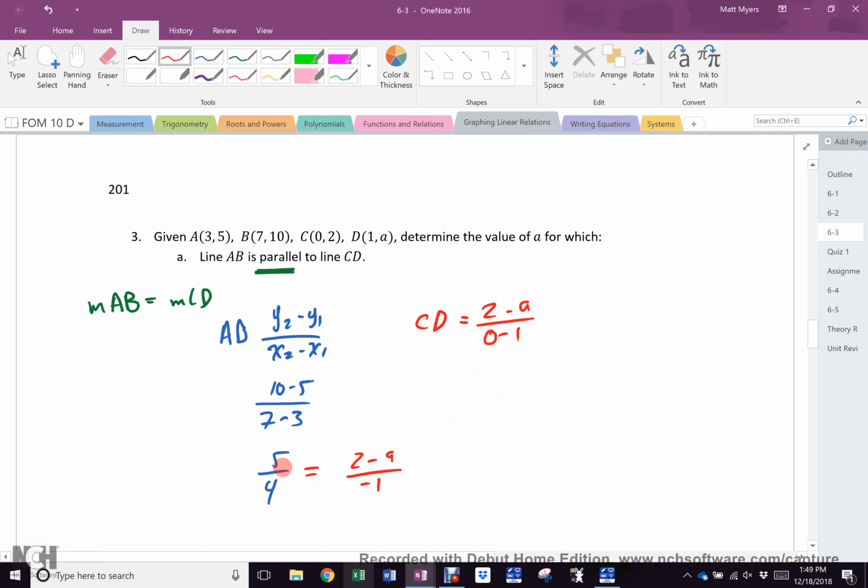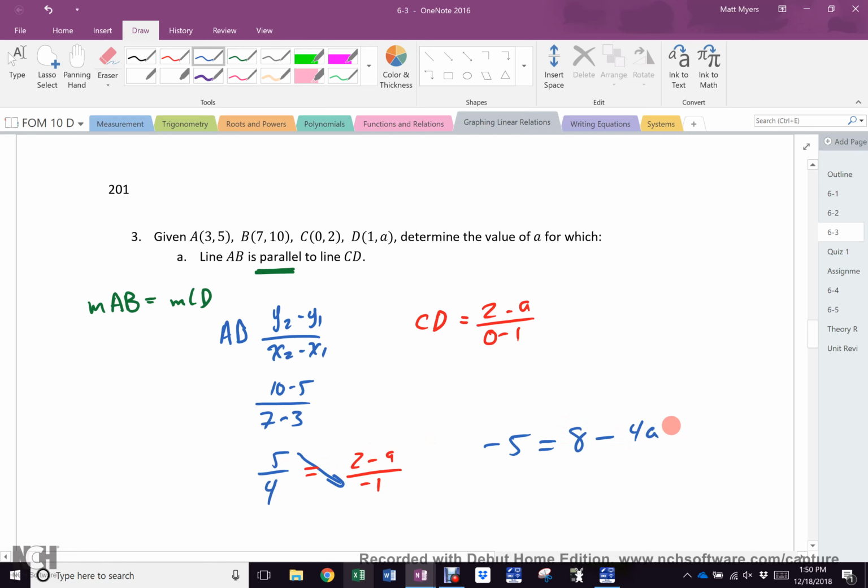Okay. What if they're perpendicular? We know that line AB is 5/4, correct? And we know that CD was 2 minus A over negative 1, correct? But if they're perpendicular, what has to happen to that slope? It flips and the sign changes. So it's not negative. So it's going to be 1 over 2 minus A, isn't it?